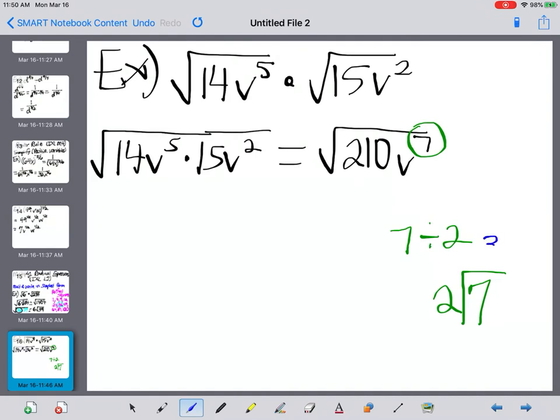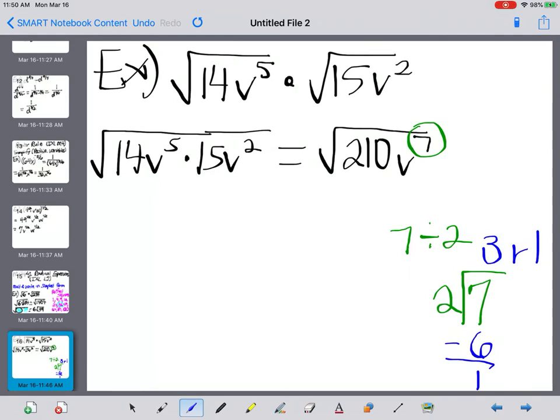Okay, and let's see what that ends up being. 2 goes into 7 3 whole times. 3 times 2 is 6. So when I subtract, I get 1. So I'm going to have 3 remainder 1. What that means is in my answer, I'm going to have 3 v's that came out. I'm going to have v to the 3rd outside.